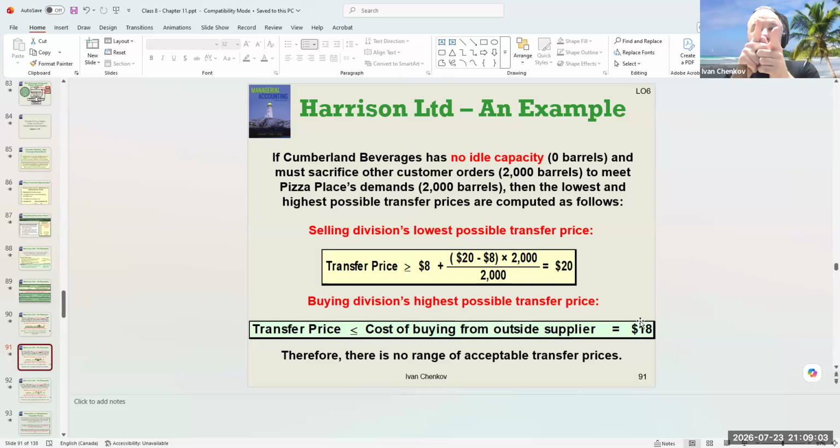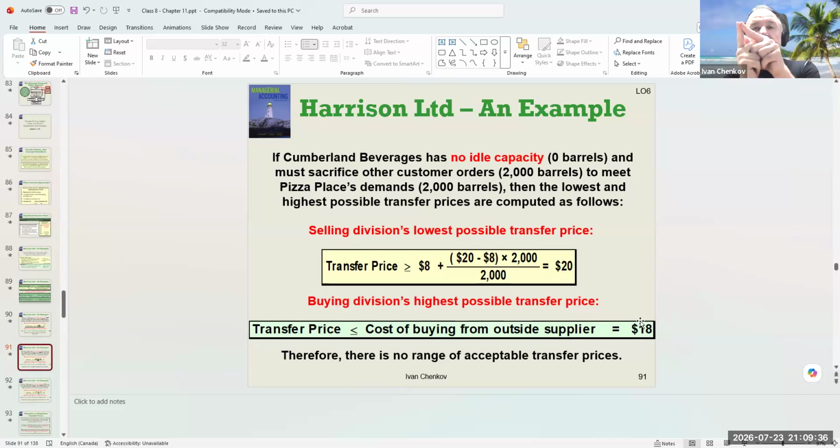So we're losing the $12 contribution margin, 8 plus 12 is 20, for the entire 2,000 barrels that we have to transfer internally. Then the minimum possible transfer price that we'd be willing to sell to the pizza place will be $20, the cost plus the contribution margin loss. That will be our normal selling price.